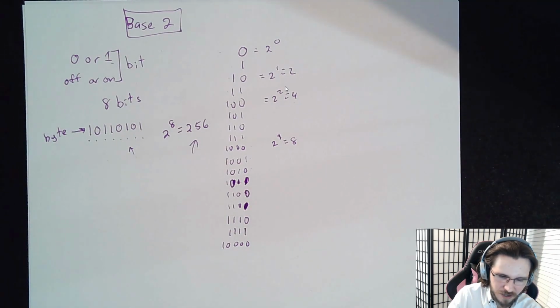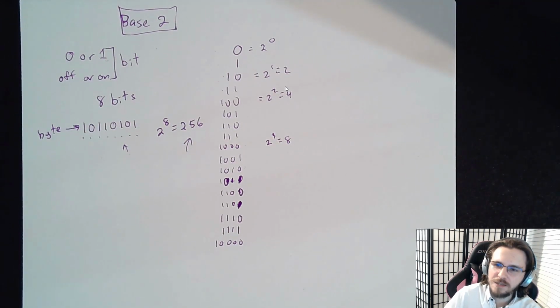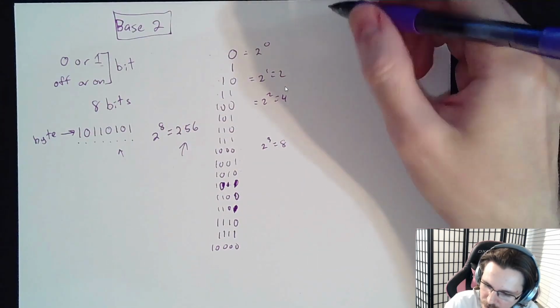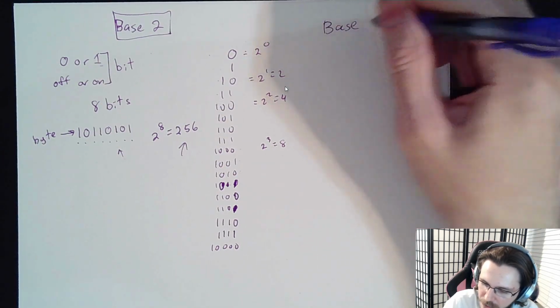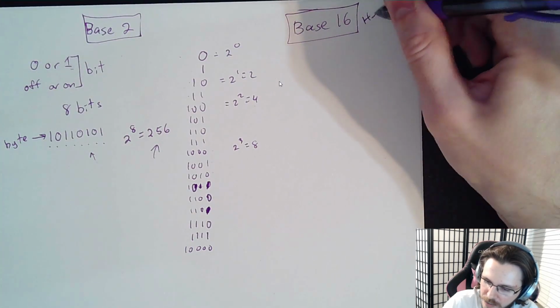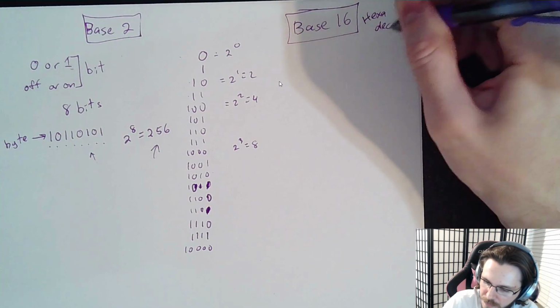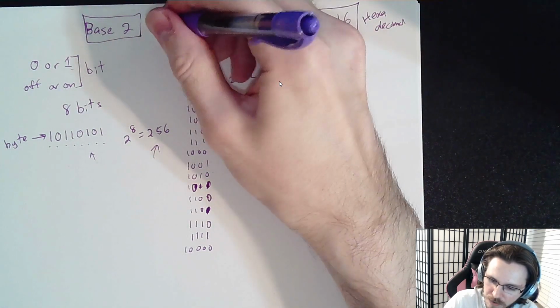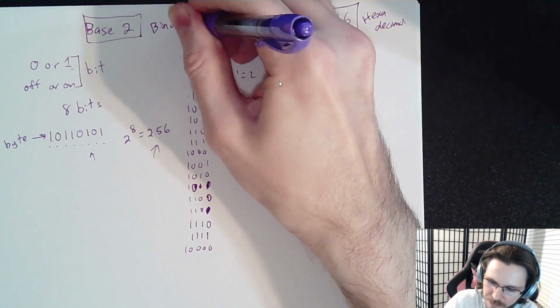There is a way to do it. I can show you that later if you'd like. But instead, computer programmers started talking in base 16. This is also called hexadecimal. By the way, base 2 is also called binary.